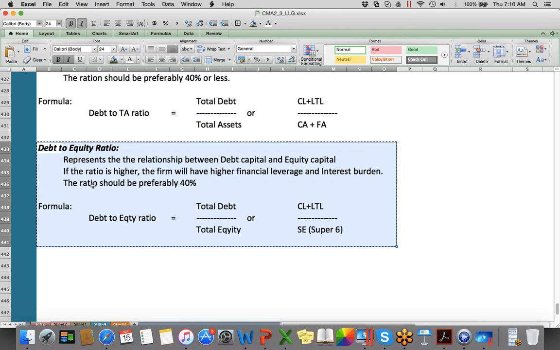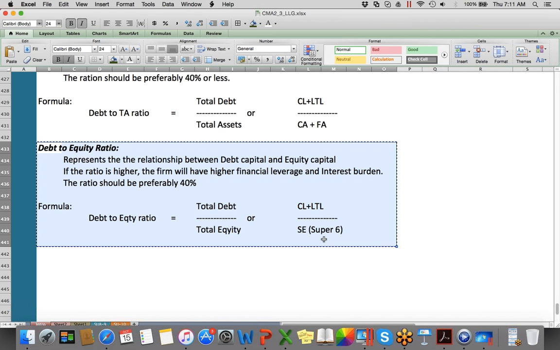So in the debt to equity ratio, we have long term debt and current debt expressed in terms of shareholders' equity, showing the debt portion relative to the total equity invested in the business.